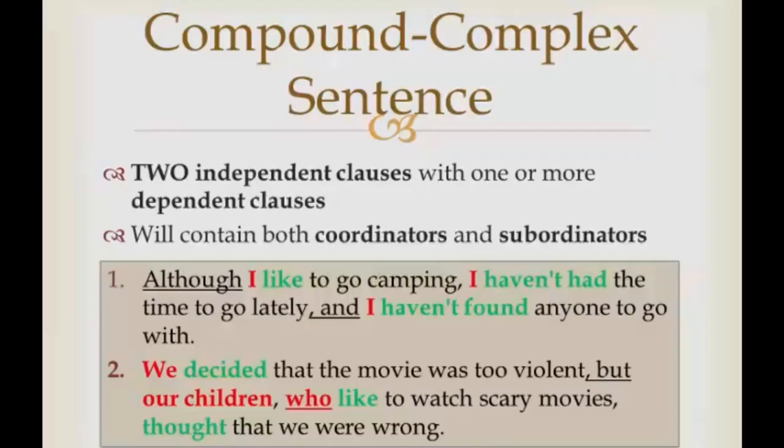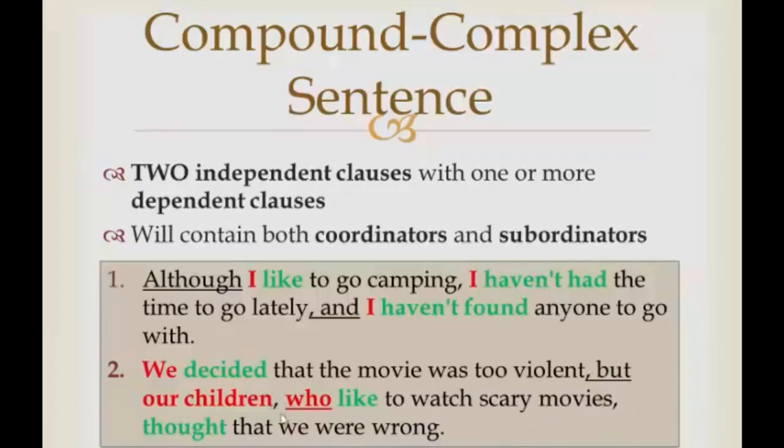The first independent clause is we decided that the movie was too violent. That's an independent clause. The second, you have a coordinator, but our children thought that we were wrong. Remember how between two commas these are like additional information.